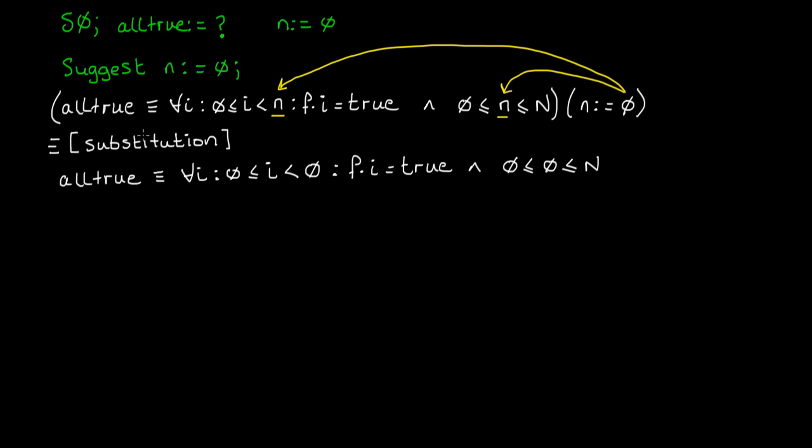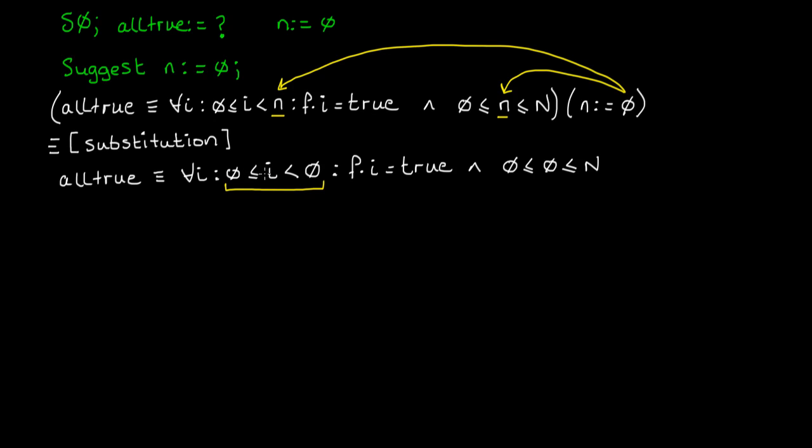Once we do the substitution, the very first thing we should look at is the range that we have for I. Because if we look closely at this range, we will see that it says that I is greater than or equal to 0 and less than 0. And I cannot be greater than or equal to 0 and less than 0. So this is a contradiction.